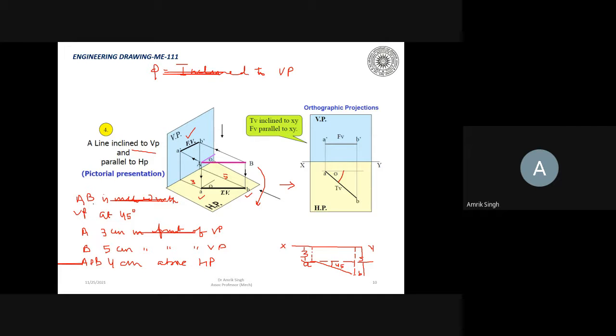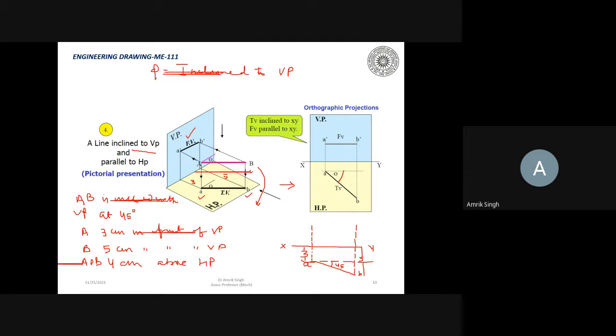So now you see the length of the AB is not given, but we have drawn. Okay. So now you draw the perpendicular in this side. Okay. And then it says point A and B is 4 centimeter above HP.